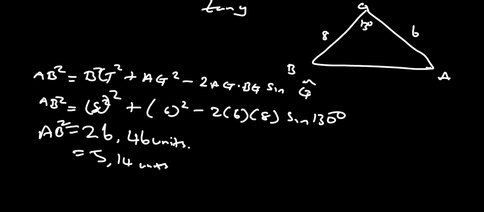I don't know whether my calculator is correct, so let me check what I have on my phone. I don't have it, so you guys can just check it for me whether it's correct or not. Everything else is correct.